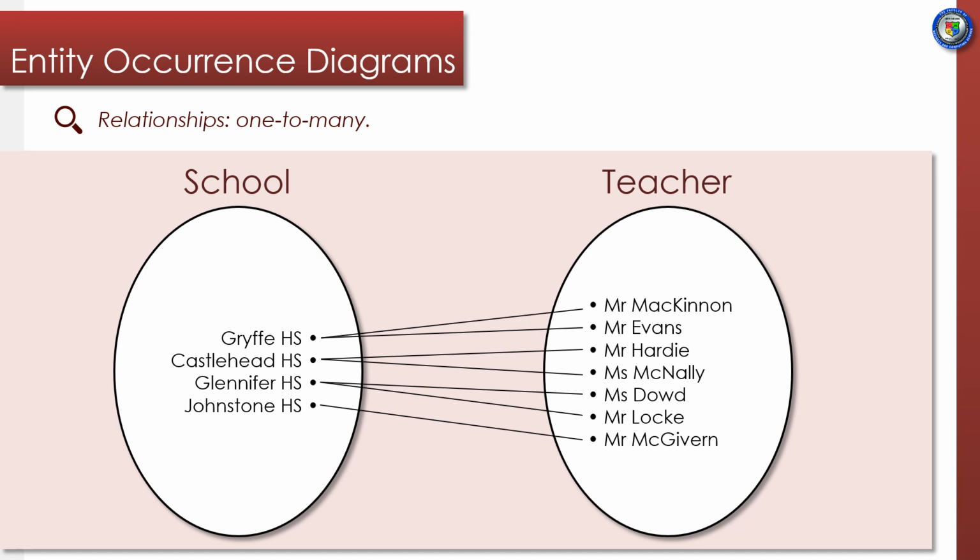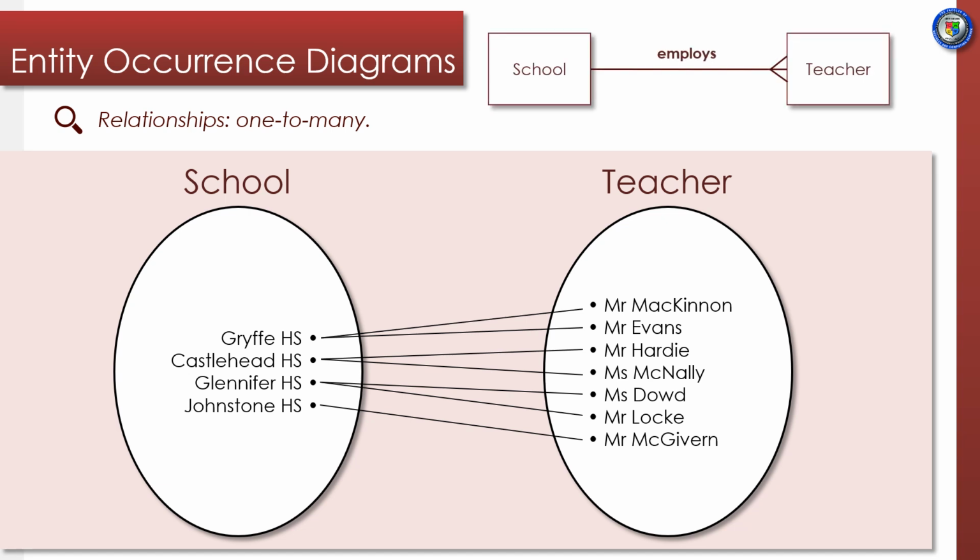So in other words, if only one of those school entities, for example Greif High School, had multiple relationships, then the relationship between the school and teacher entity would still be a one-to-many, even though the other occurrences at Castlehead, Glenifer and Johnston only had 1. This shows that each school employs many teachers.